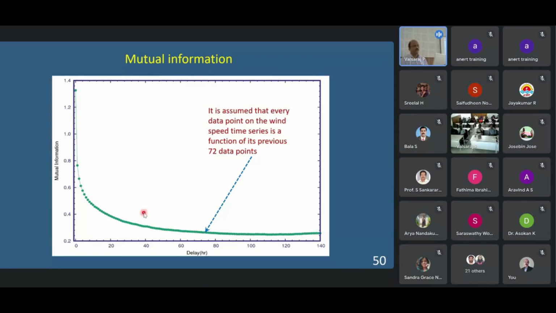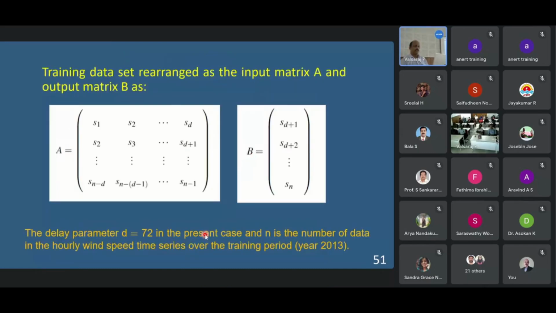The mutual information curve comes down as the delay increases, and after this period it's constant. So up to this we took it. Up to that, 72 data points are influencing the one ahead. So for training and testing, we have done like that.